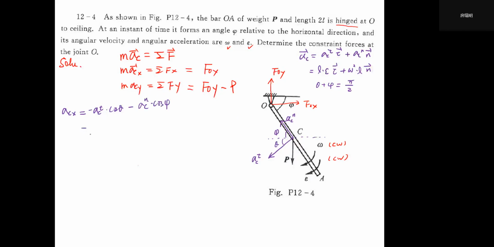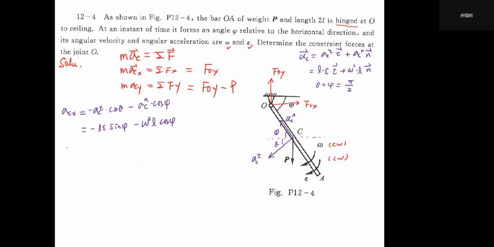To give the final result, ACT equals L epsilon, and because theta plus phi equals half pi, cosine theta actually equals sine phi. And ACN equals omega squared L. Okay, here we finish finding ACX.